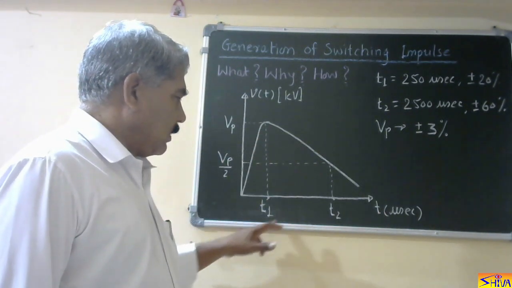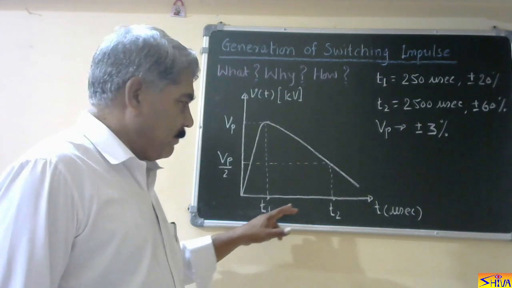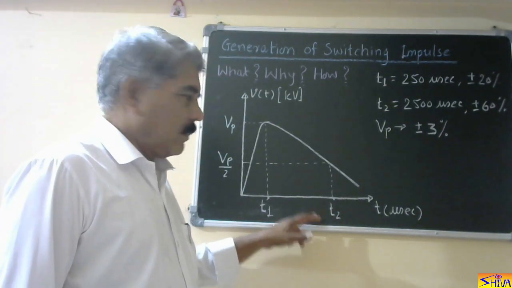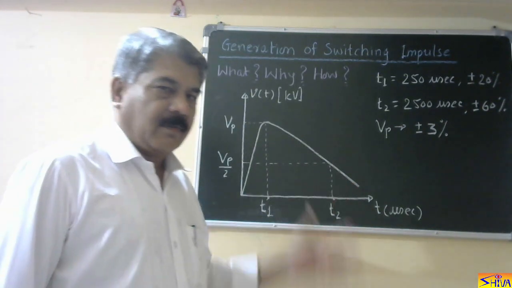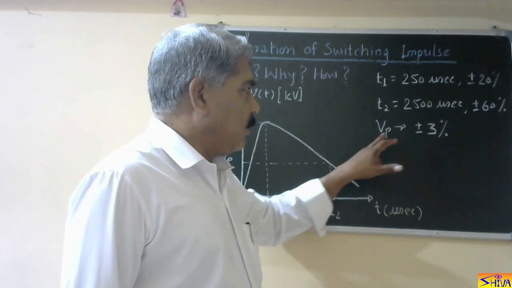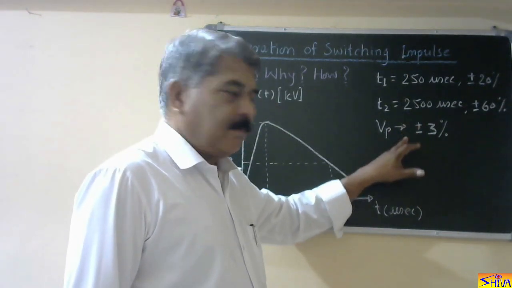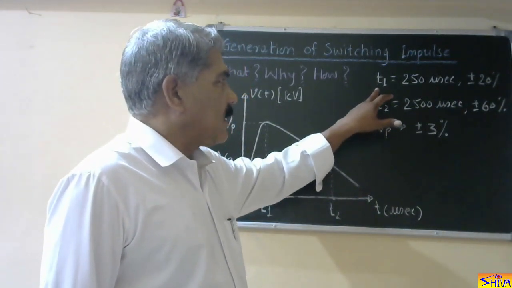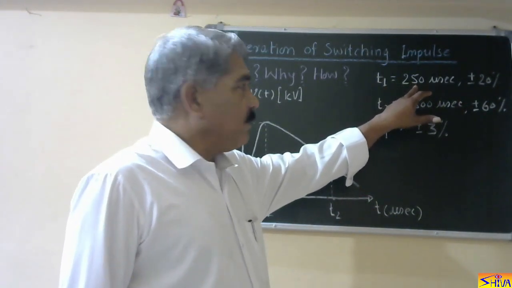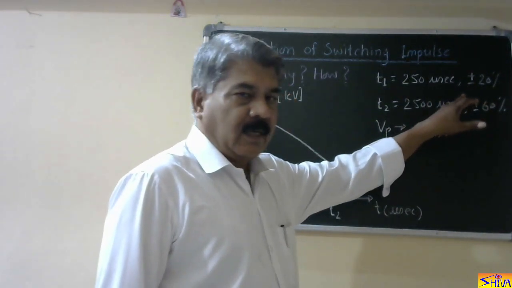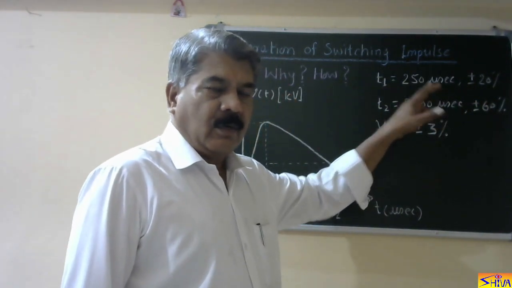Number two, T1, that is rise time or front time. Number three, tail time or decay time. Peak value is as per our requirement, and when we specify the peak value, the generation should be within plus minus 3% tolerance. For switching impulse, rise time as per Indian standard is 250 microseconds with tolerance of plus minus 20%.